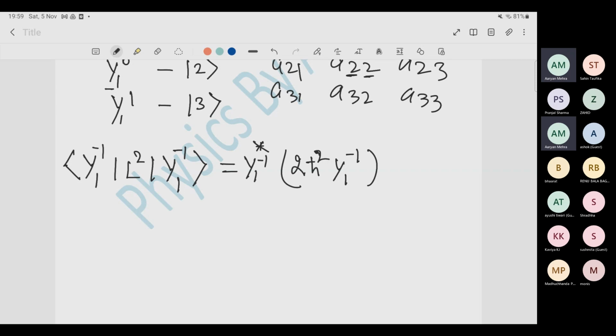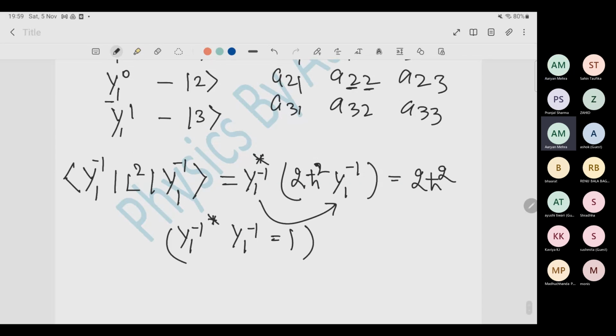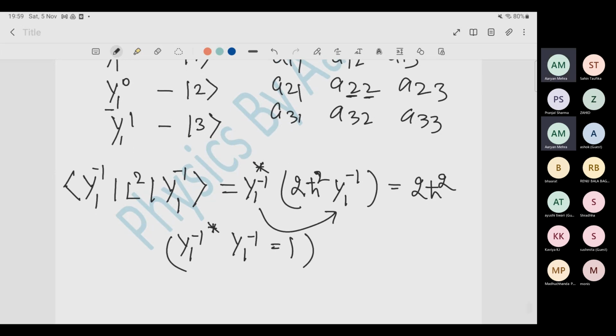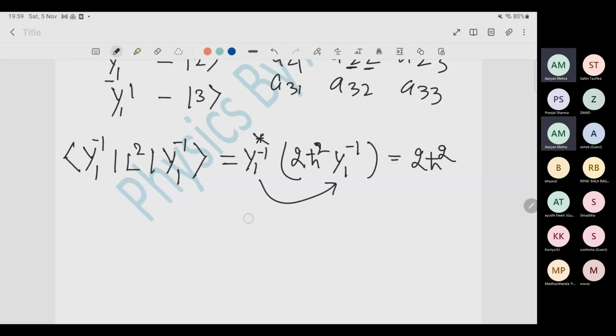Madhu, do you get the idea how I got 2 h cut square? Yes, sir. These are the same states, so <1,-1|1,-1> will give you 1. So your answer is 2 h cut square. Fine, now let's move on.